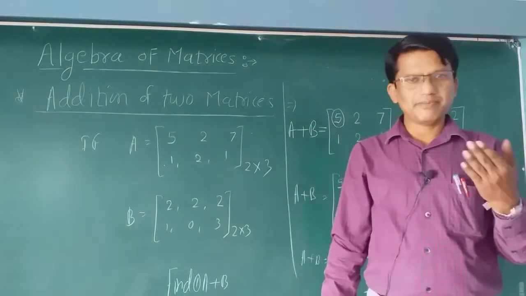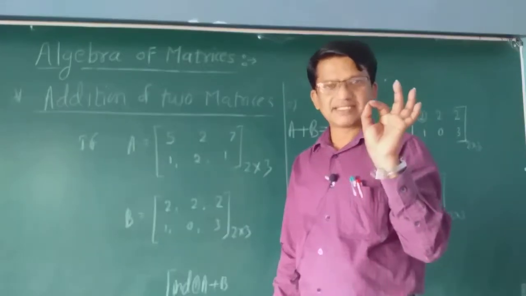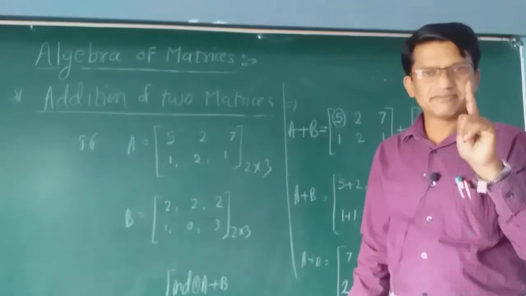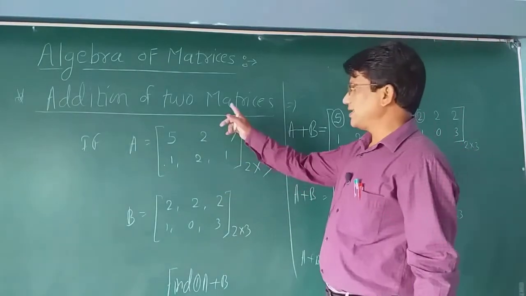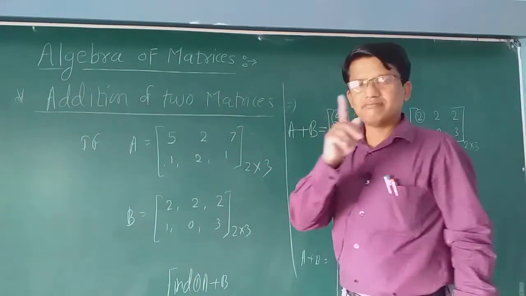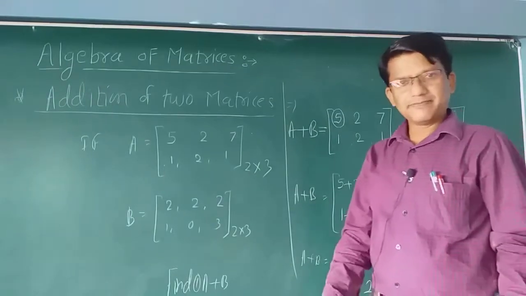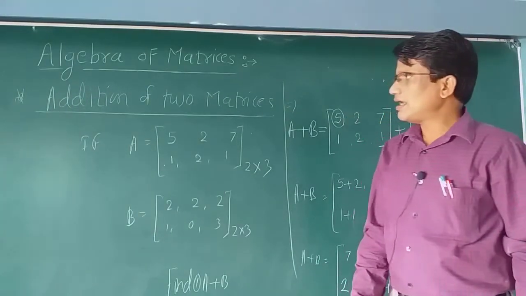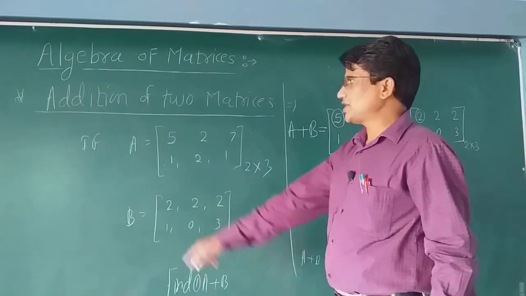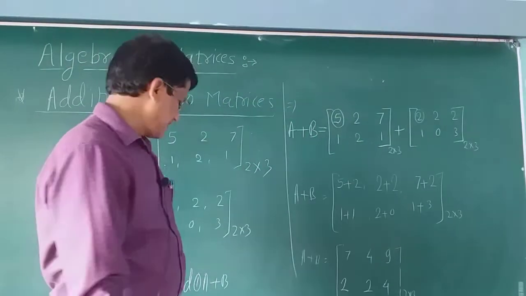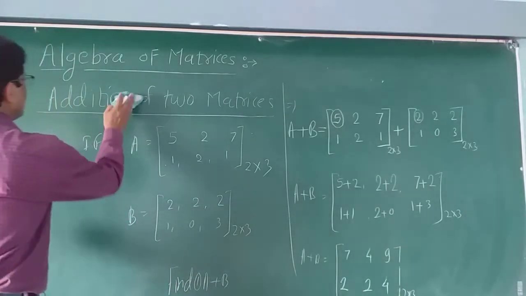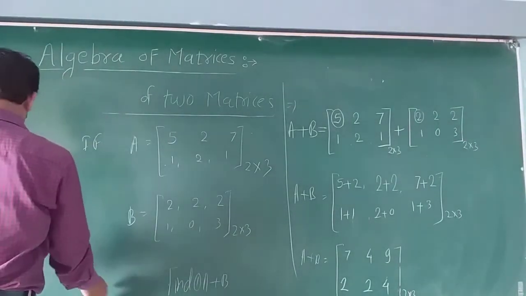What is the more important condition? The more important fact is that the two matrices must be of the same order. This is about addition of two matrices. Okay, let us see, instead of addition, if we write subtraction of two matrices. Look here, subtraction.